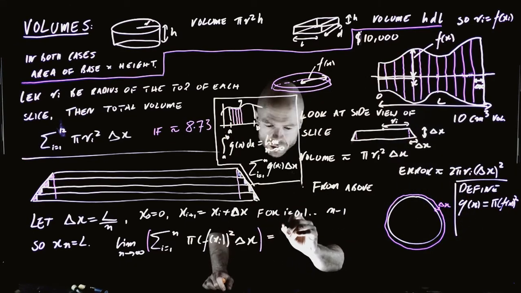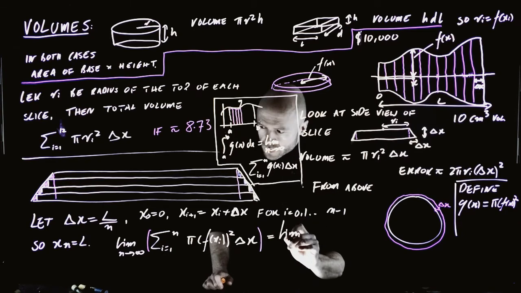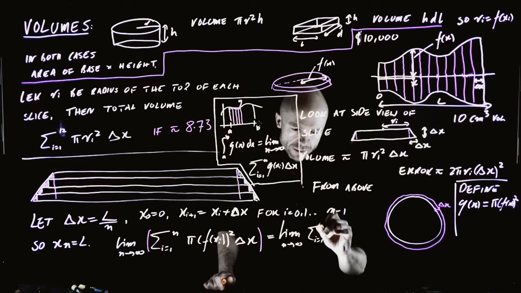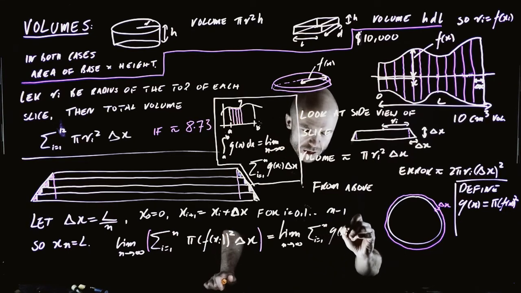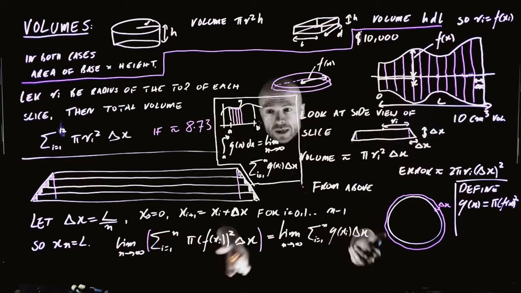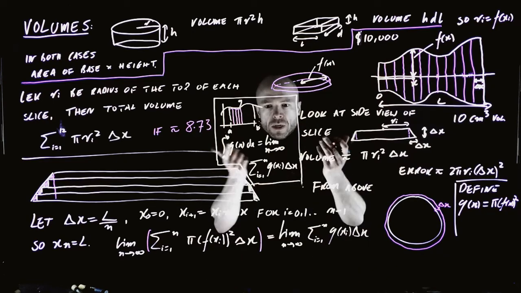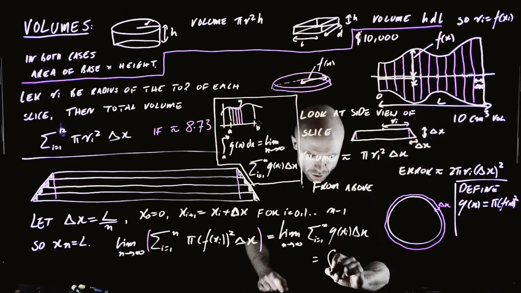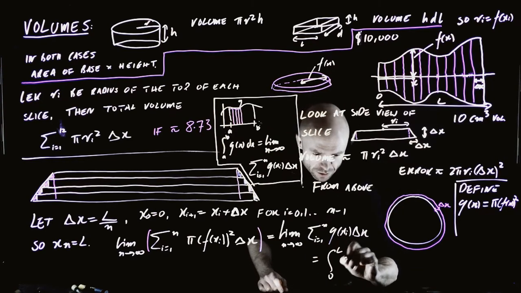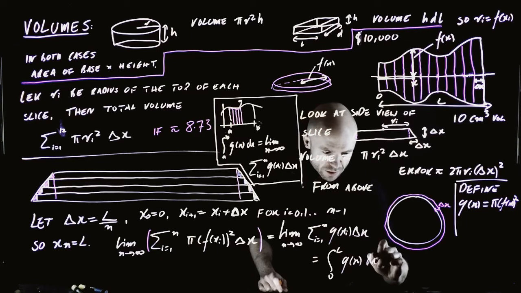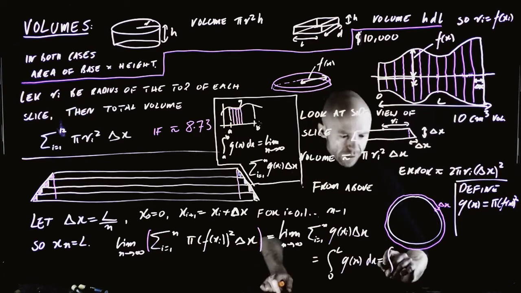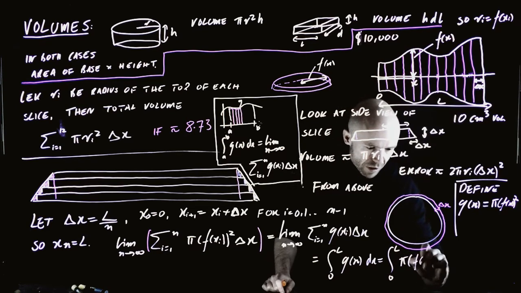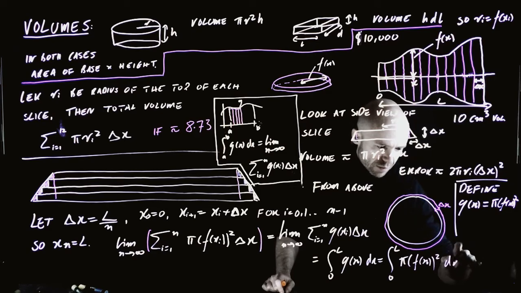And this would be just the limit as n goes to infinity of the sum i equals 1 up to n of g of xi delta x, which is exactly the classical expression of a Riemann sum. And we know, just going through it again, what this is. This is just the integral from 0 to L of g of x dx, and then turning this thing back into our function, it's the integral from 0 to L of pi f of x squared dx.